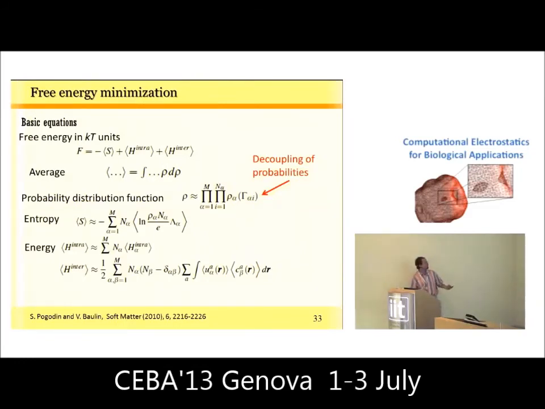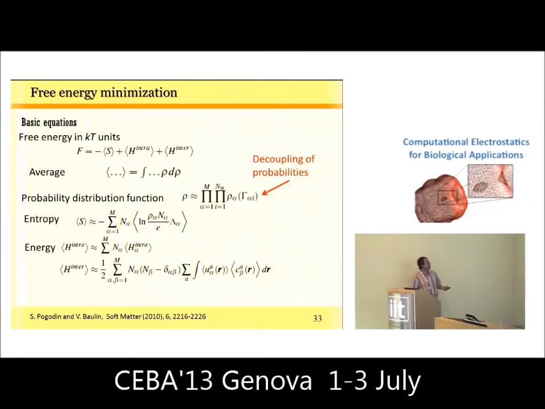Again, you just write a free energy, and this free energy has entropy terms and interaction terms, and these brackets are just the average over conformations of the chains.